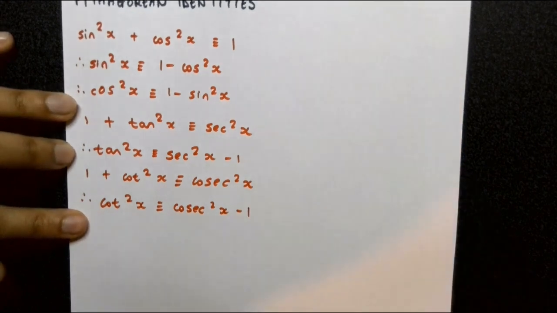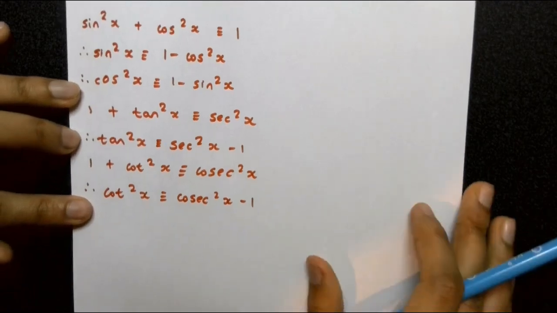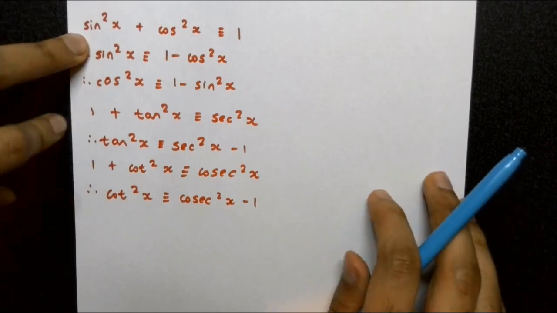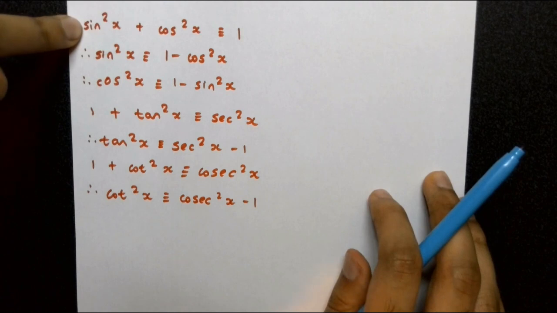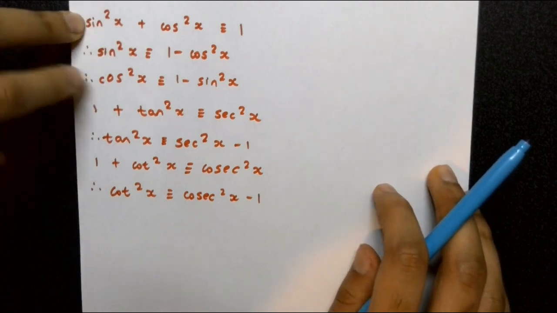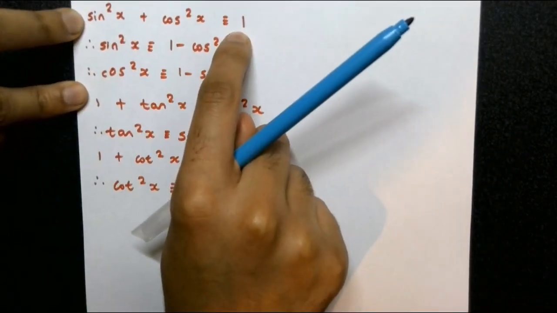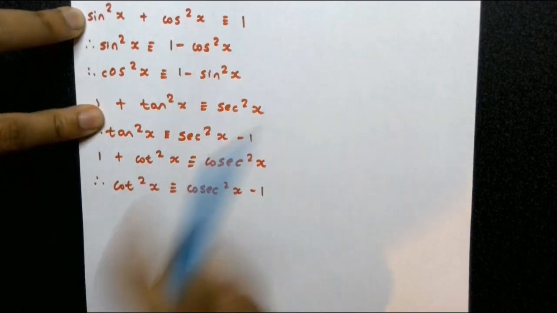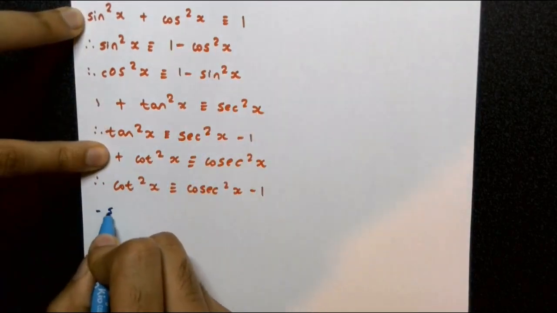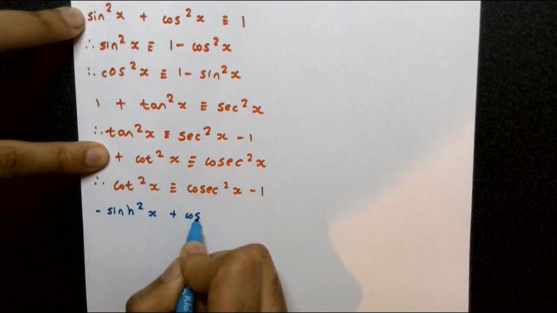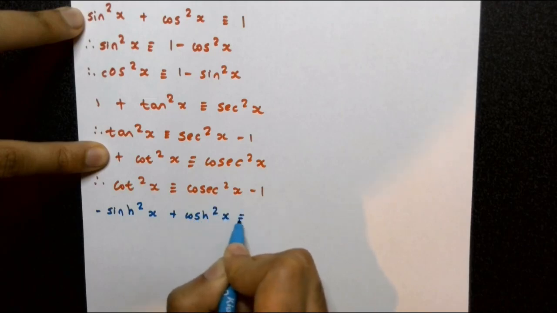Now, if we think about the corresponding hyperbolic identities, well, we'd have to use Osborne's rule. And remember, for Osborne's rule, wherever we've got a sine squared, we replace that with minus hyperbolic sine squared. So if we think about this Pythagorean trig identity, the corresponding hyperbolic identity will be minus hyperbolic sine squared plus hyperbolic cos squared being equivalent to 1.